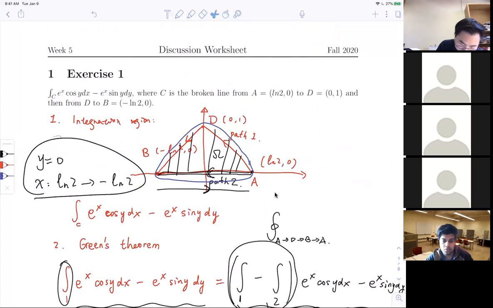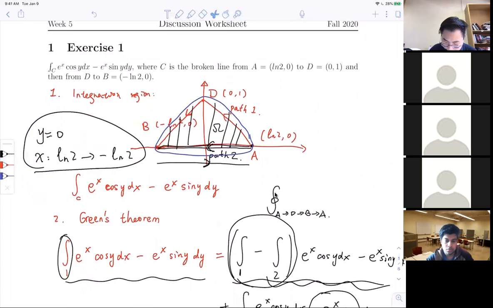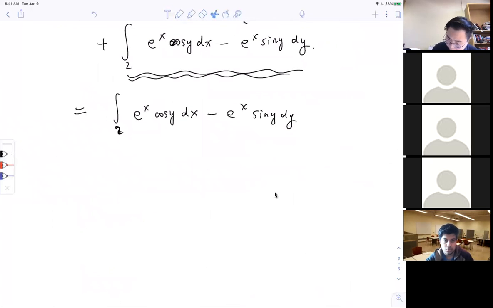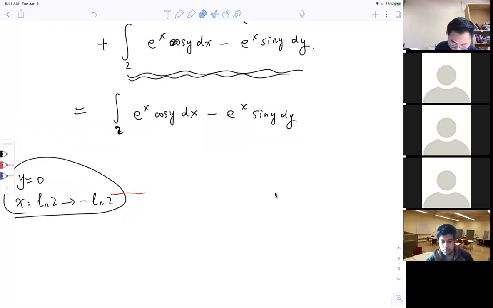So basically, this is path 2. So you can say y equals 0. Of course, dy is 0, right? There's no change in the y direction. So meaning that this guy just goes to 0.